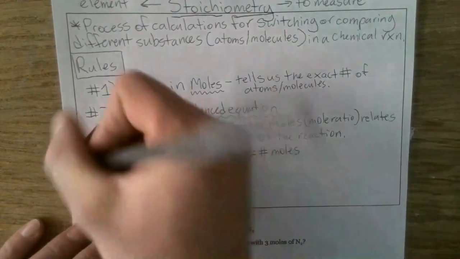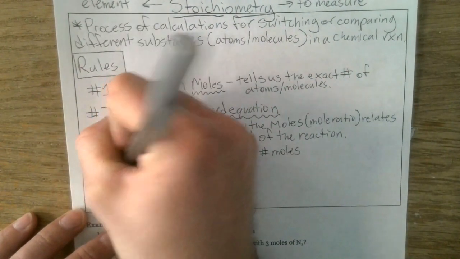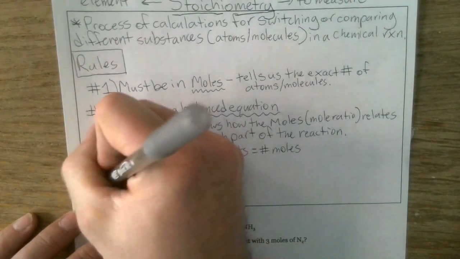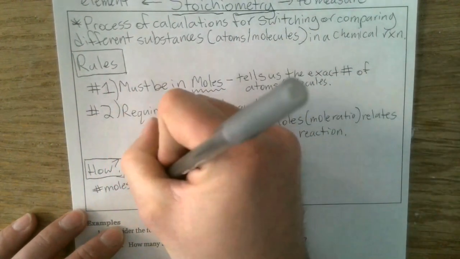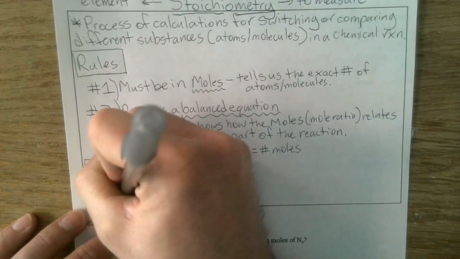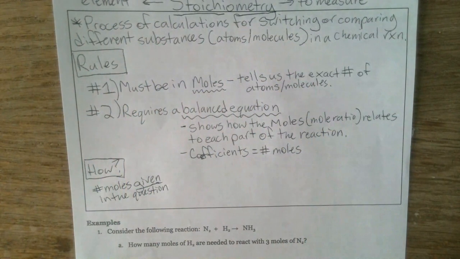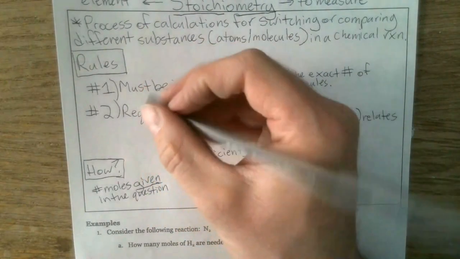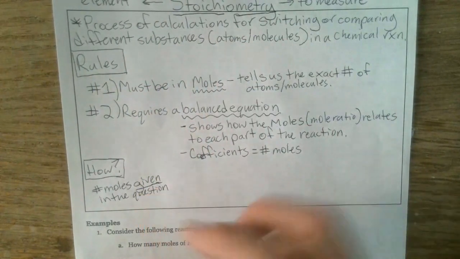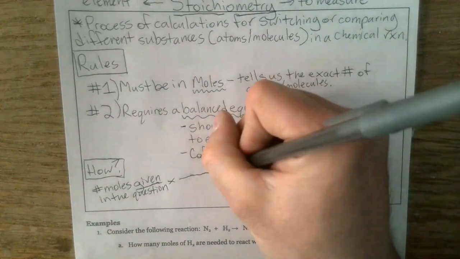So when we're always approaching these questions, we always need to ask the question, how do we start? So we're always going to start with the number of moles given to us in the question. Okay, so we're going to start with our given value, and then we're going to multiply times, which I apologize, my lines are a little squiggly.